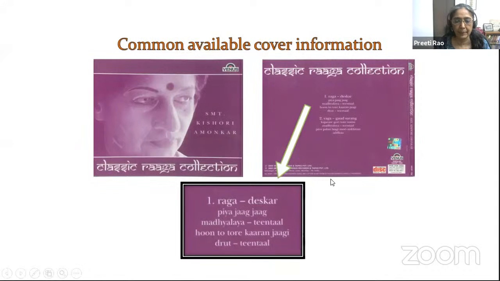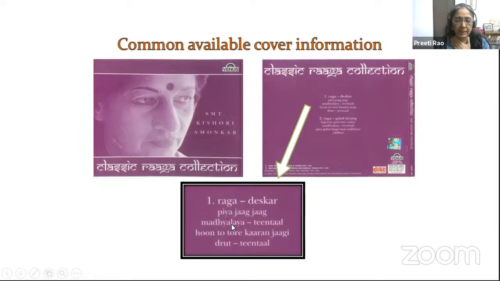Okay, so what does that mean for us in Indian classical music? If we look at a typical concert, metadata, it's not very much, but here is a concert by Kishori Amonkar. The CD cover tells us that she performed 2 ragas, and here is a zoomed in view of one of them. She performed the raga Deshkar. The bandish she sang was Piya Jag Jag.